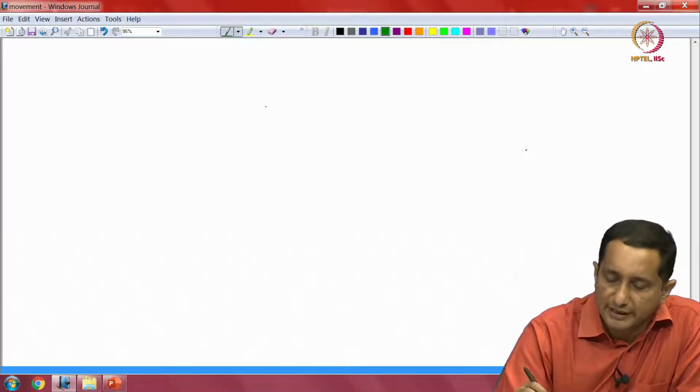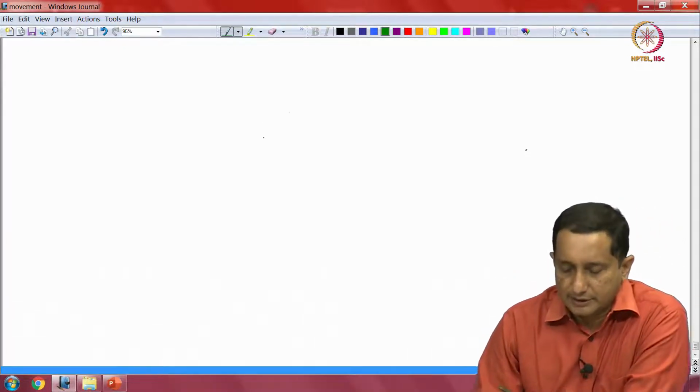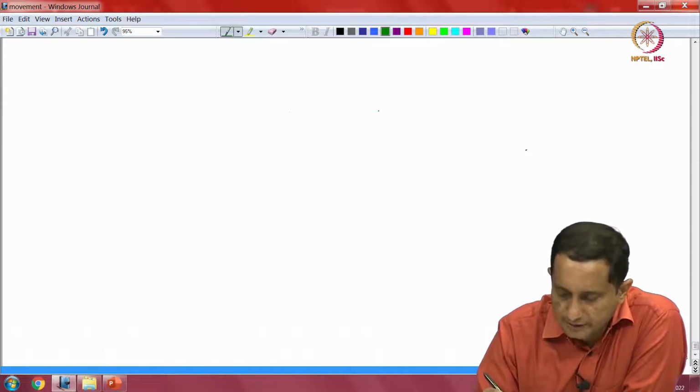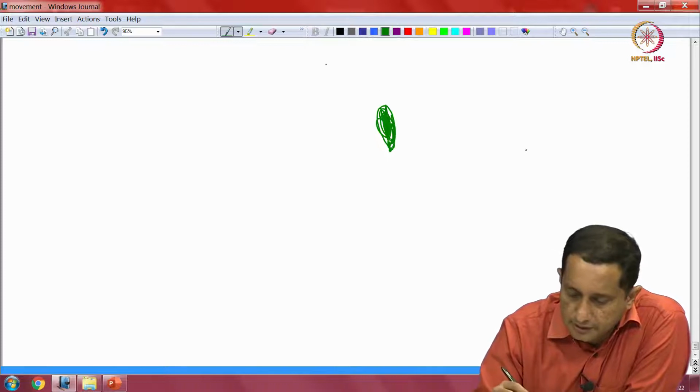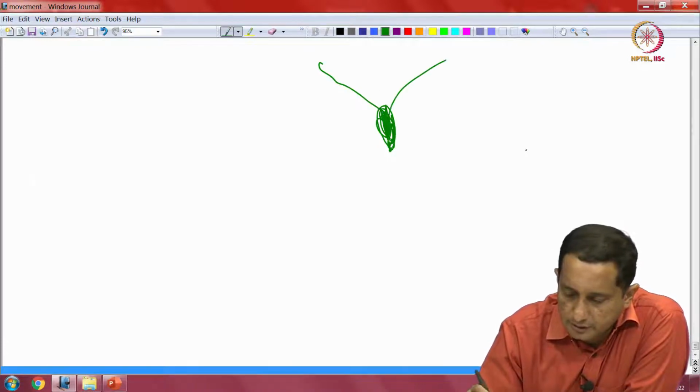I spoke about three layers in the cerebellum. The major cell in the cerebellum is the Purkinje cell. It is a pretty large cell, it has got a dedicated layer for itself. It has got multitudes of branches, a very large number of branches, and the Purkinje cell is like a tree.